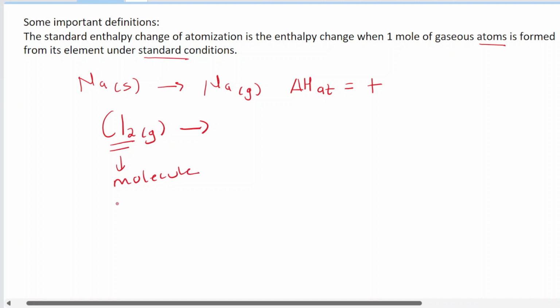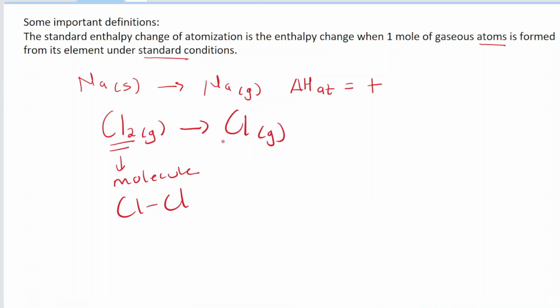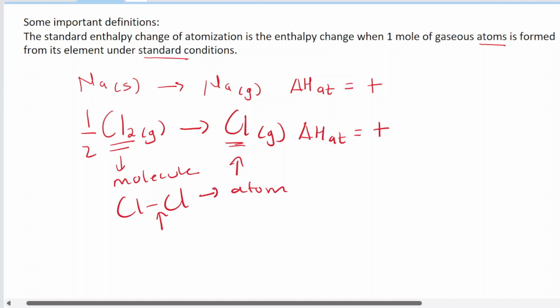Because a molecule contains 2 atoms bonded together. So you can also have Cl2 becoming Cl as a gas. So this is an atom now, right? And initially it was a molecule. But to balance the equation, we have to keep half over here, so that both sides have 1 chlorine. And again, this will be enthalpy change of atomization. And it will also have a positive value because you're breaking the bond in the chlorine molecule to form this atom.